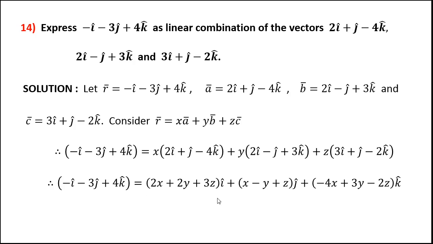Simplify means collect the coefficients of i. Now here the coefficient of i is 2x, here the coefficient of i is 2y, here the coefficient of i is 3z. So the coefficient of i on the right side is 2x plus 2y plus 3z, and this must be equal to the coefficient of i on the left side, which is minus 1.